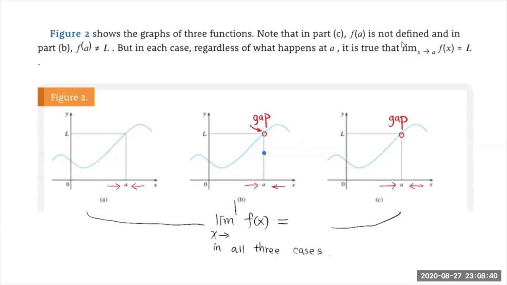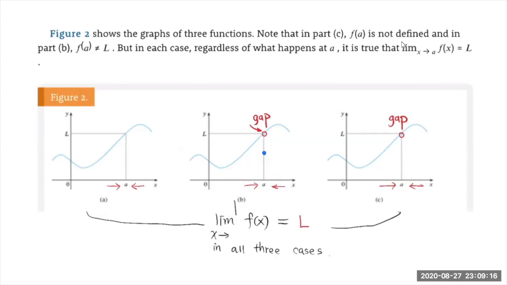Again, for the second case here, when x approaches a from both sides along the curve, on the left side, the function value approaches L. On the right side, the function value approaches L also. So the limit of f of x will be equal to L in this one, this case, and also this case.